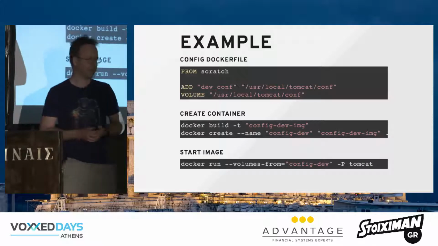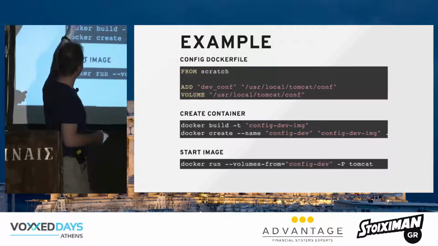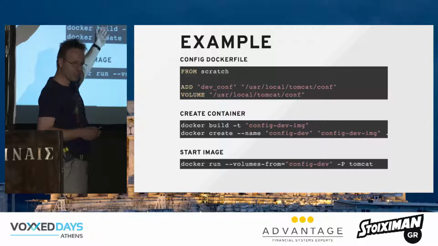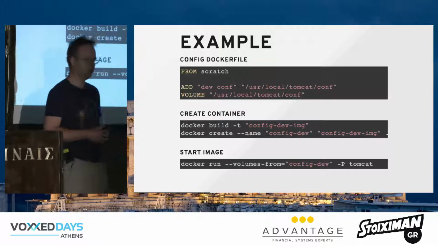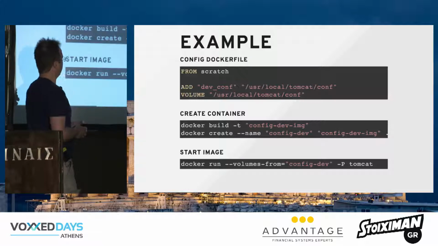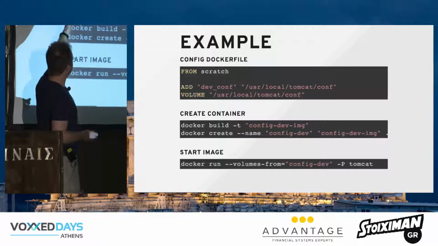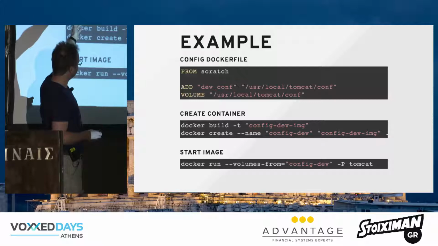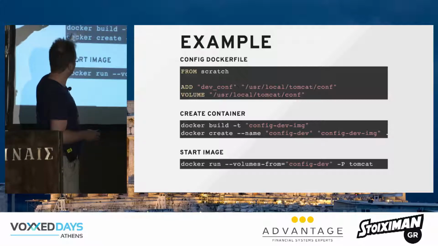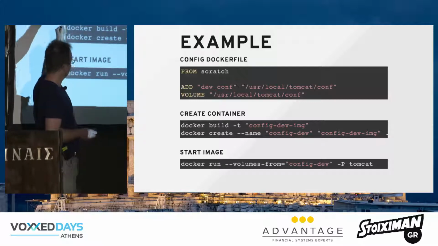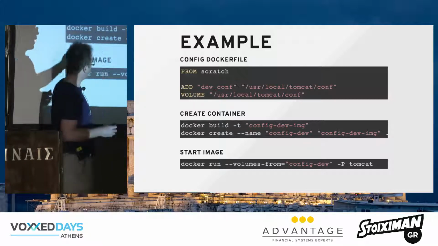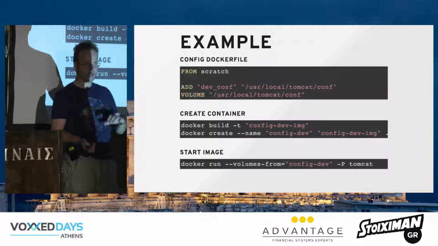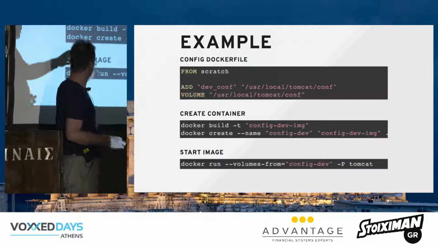So here's an example. What I have here is a Dockerfile. This has a base image called scratch. Scratch is the smallest base image available in Docker, which is an empty image, so you don't have any operating system more or less there. Then you can add some stuff into this image under a certain path, and you export it as a volume. You create the image with docker build. After this, you need to create a container out of this image, which you can do with docker create.